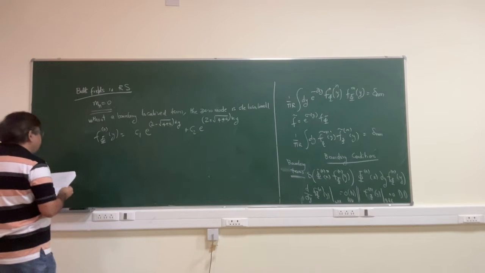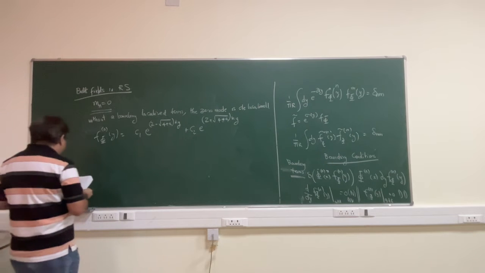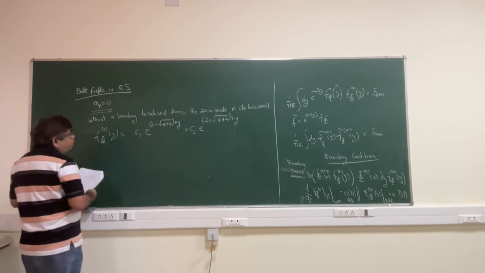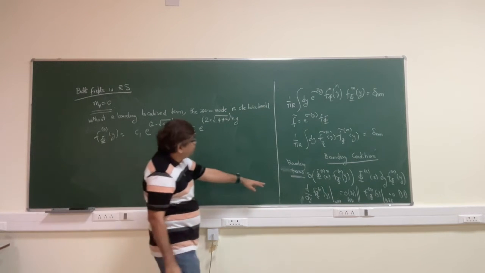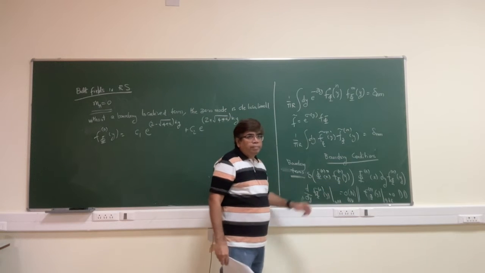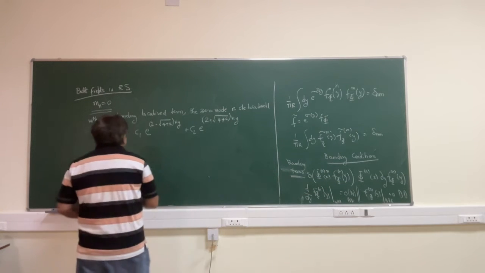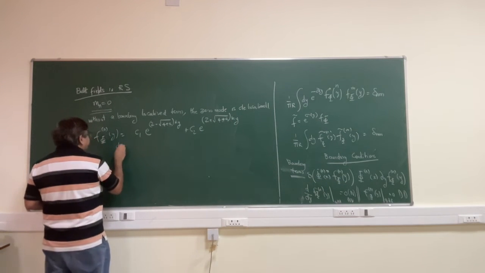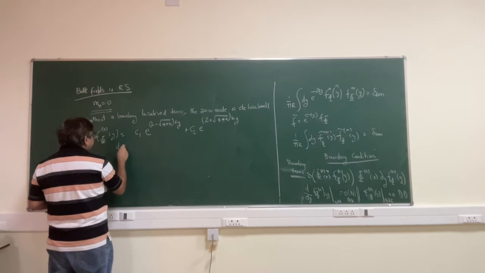Now c1 and c2 are arbitrary constants. It doesn't satisfy either the Dirichlet boundary condition or the Neumann boundary condition at y equal to 0 or y equal to pi r.